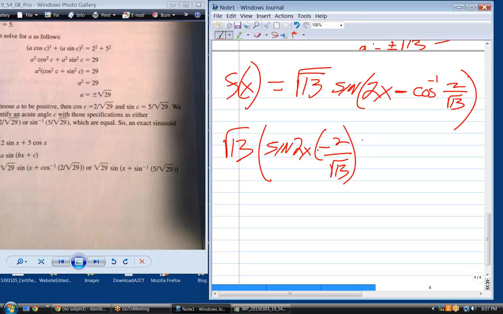Yeah, this works. And then minus the cosine of 2x times the sine of inverse cosine of 2 over root 13.